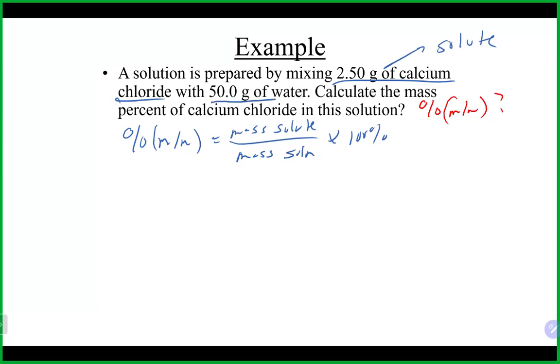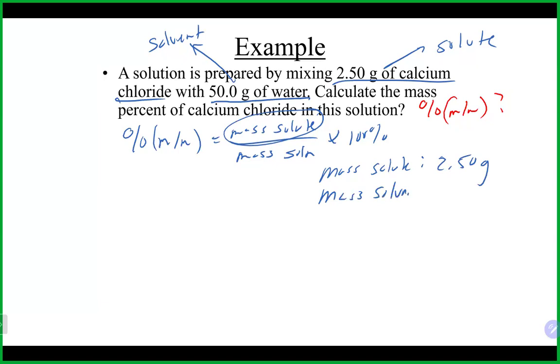The 50 grams of water is going to be our solvent. So we do have the mass of the solute, which is our 2.5 grams. We have the mass of the solvent, which is 50 grams.